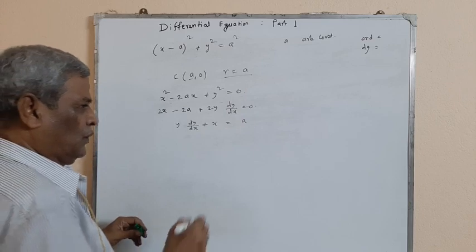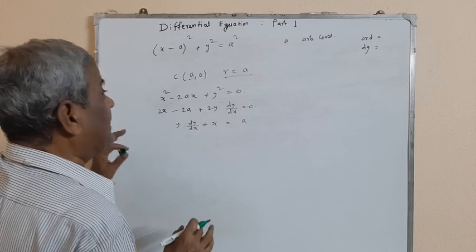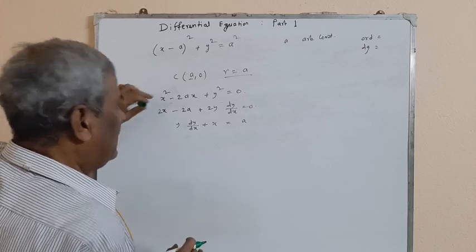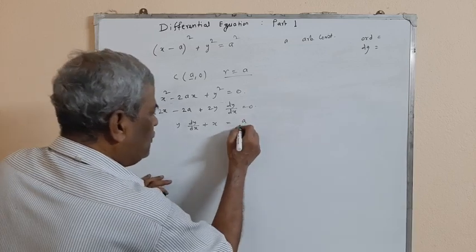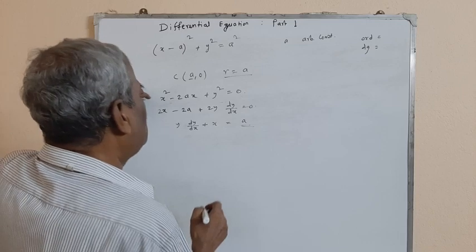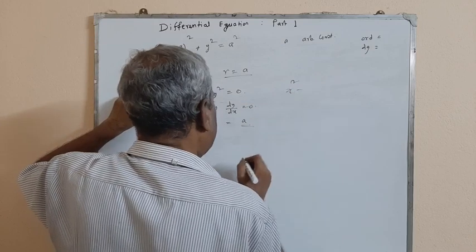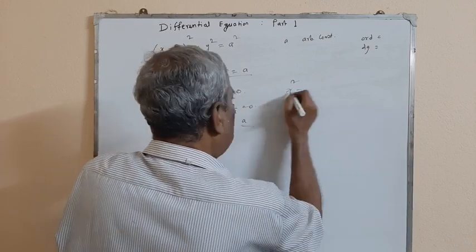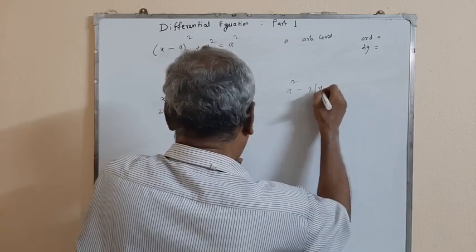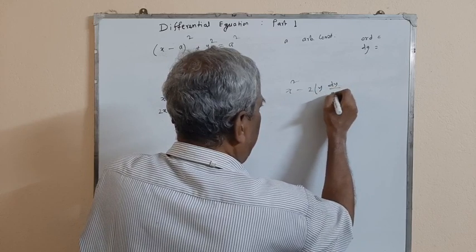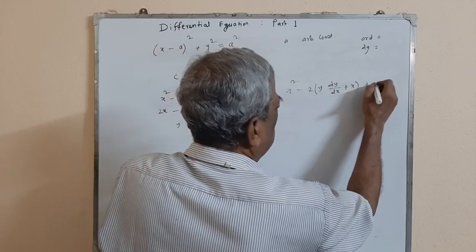So to get the corresponding differential equation, we have to eliminate a from the given relation and the derived equation. From the derived equation, a is equal to that. So the corresponding differential equation is x square minus 2(y dy/dx plus x)x plus y square is equal to 0.